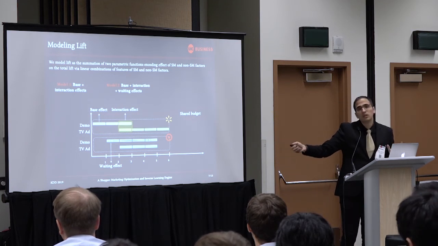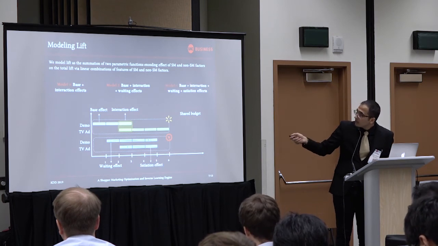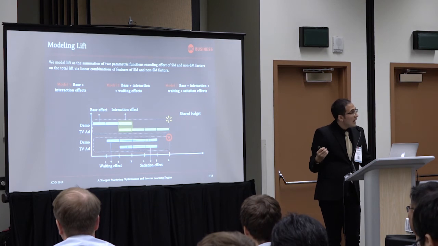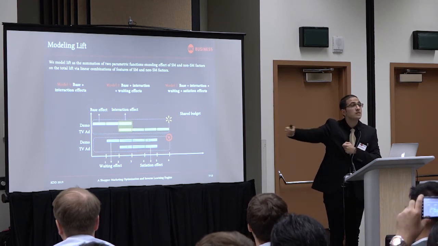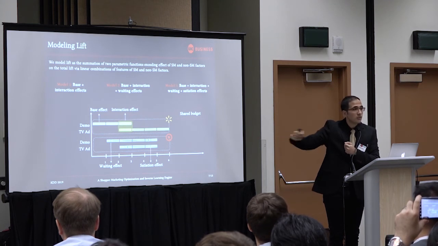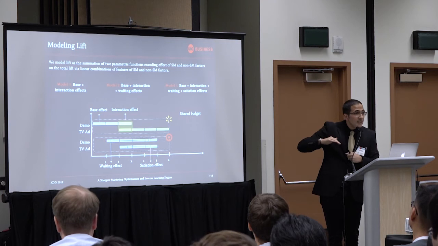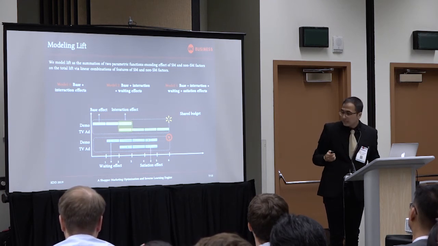In the second model, we have the waiting effect as well. And in the third model, we have the satiation effect. The satiation effect says that the lift is a concave function of the length or duration of a promotion. If you have a promotion of 10 weeks, then the lift is not linearly scaled with the duration of a promotion or a marketing campaign.